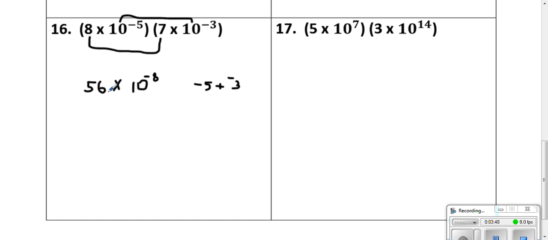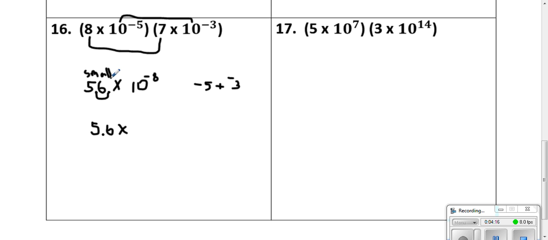That's a 56. All numbers have a decimal right at the end there. I just put a little decimal, and I'm going to move that to make it a number between 1 and 10. And if I do move it to the left 1, I am making it a 5.6. But since I moved the decimal to the left once, I made this smaller by 1.